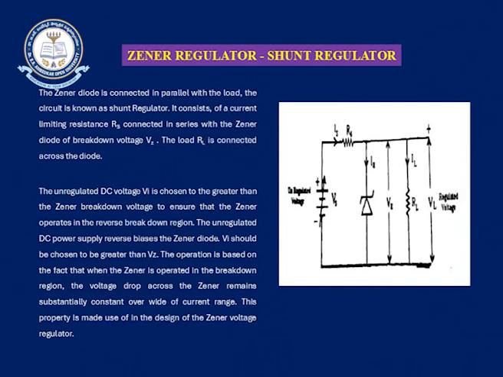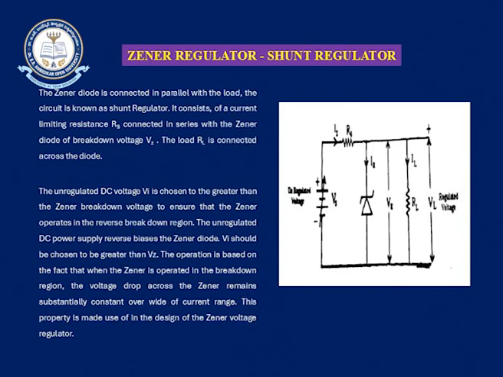Okay. So with the unregulated power supply in reverse bias condition, the ZNR diode is going to be acting. So here the input voltage is Vi, which is chosen to be greater than the ZNR voltage Vz.